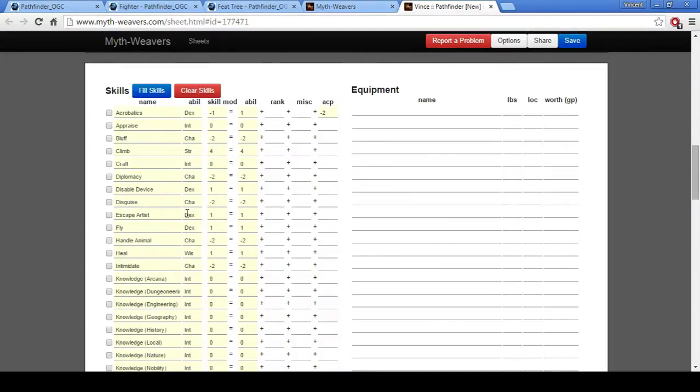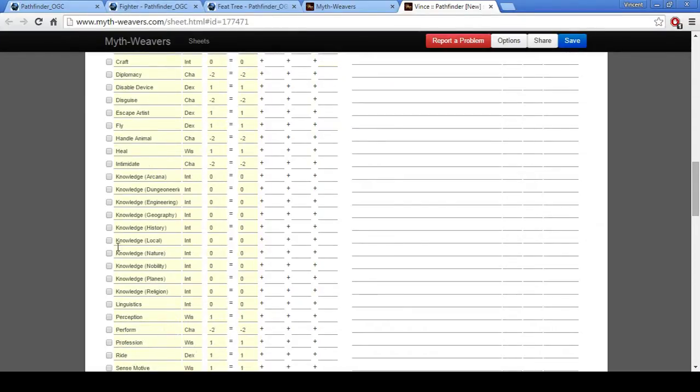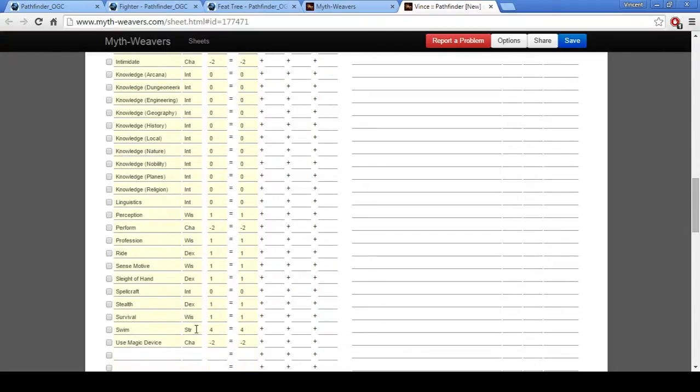There's one last thing you have to do, which is skills. So the way that skills work is that every level you're going to get ranks to put in your skills. And this is one of the major differences between Pathfinder and 3.5 D&D, how these skills work, and a couple of differences in what skills there are.